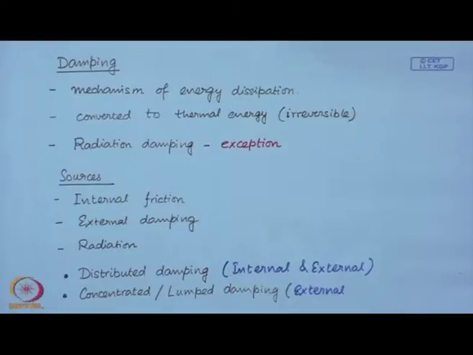This typically occurs when we have, let us say, a Stockbridge damper in high tension cables. So, that is a concentrated or lumped damping, which is an external damping, and it can happen at connections and joints.